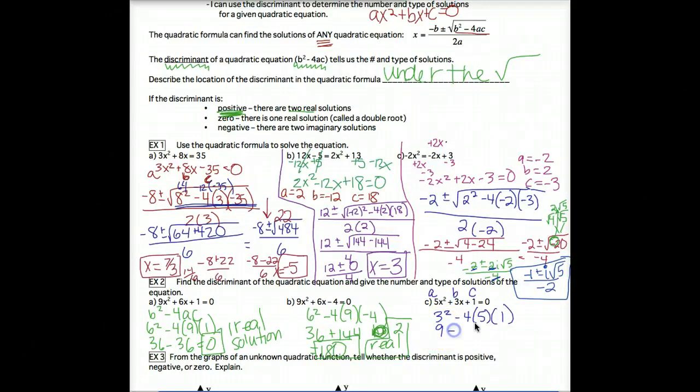So 9 minus 20 times 1, so negative 20, which is negative 11. And we know that if the discriminant is negative, go back up to your chart, hopefully you said that that means that there's two imaginary solutions.